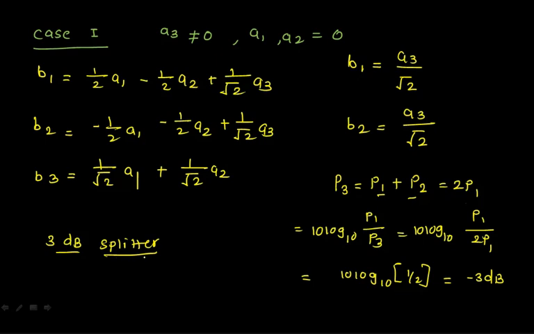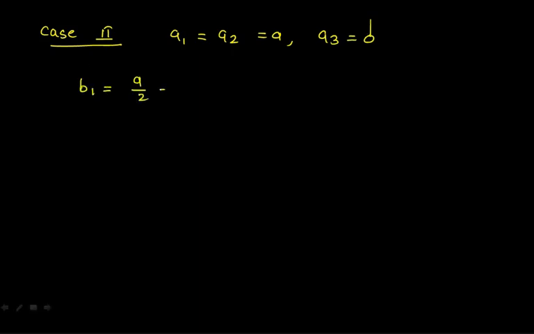In the second case, we are assuming that you are giving the same inputs to port number 1 and port number 2, and A3 is not given anything. So B1 will become A by 2 minus A by 2 plus 1 by root 2 A3, which is nothing but A3 by root 2, which will be 0.